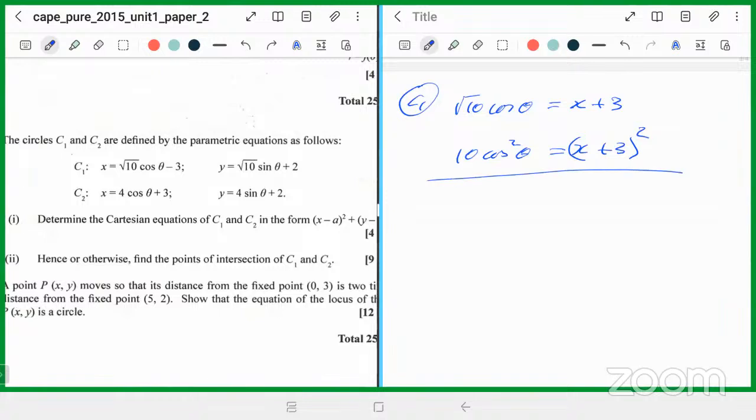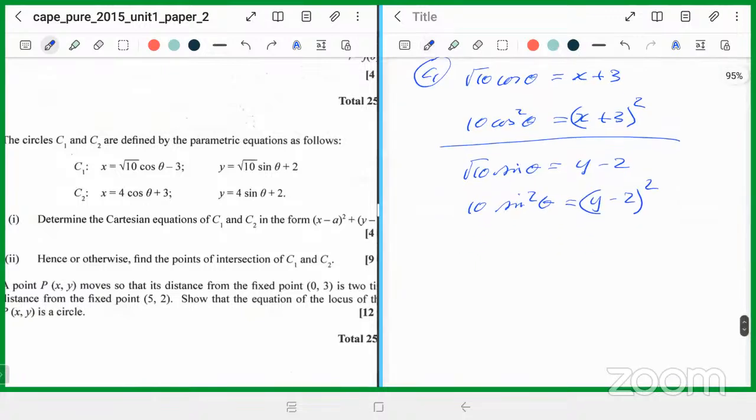And then the second equation is this one. If I make this the subject, it would be root 10 sine theta equals y minus 2. I will square both sides, then I will get 10 sine squared theta equals y minus 2 squared.